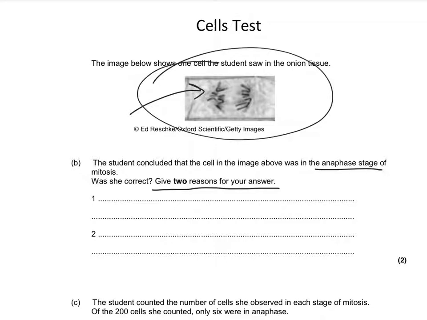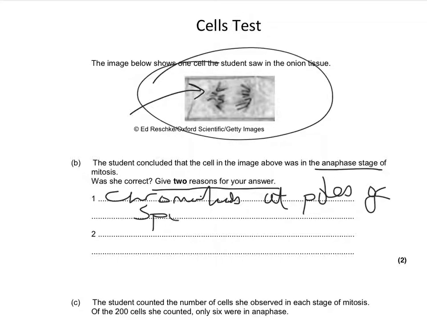Not the cell, the ends of the spindles. You can just make out that they're at the end of the spindle. So that would be the first thing: chromatids, or chromosomes, it doesn't matter, at the poles of spindle, or the end of spindle.